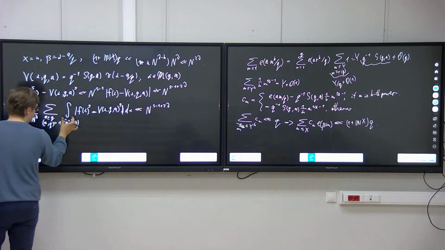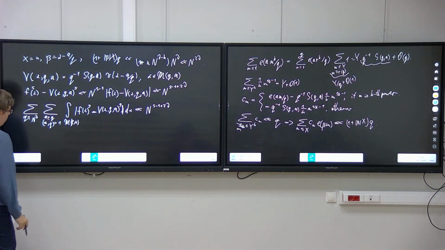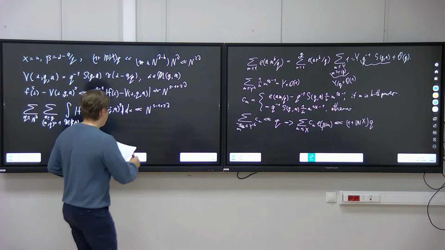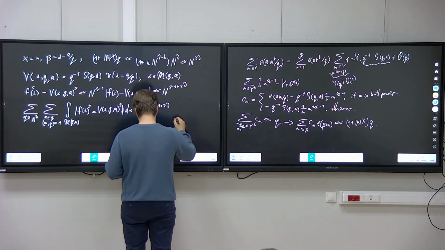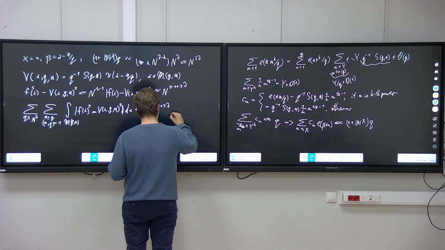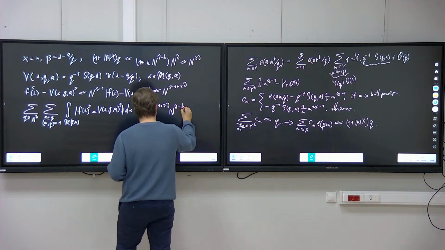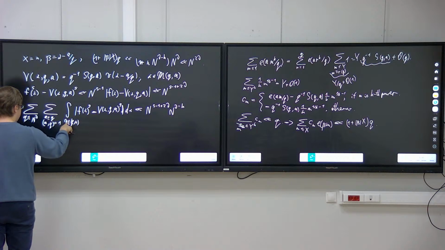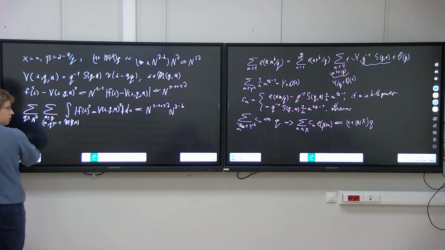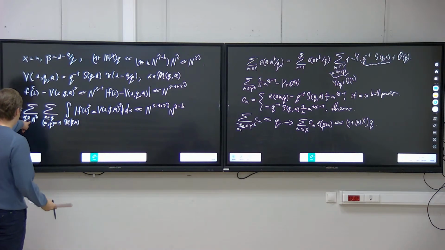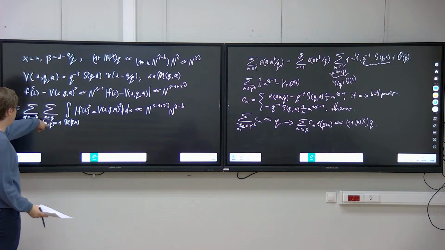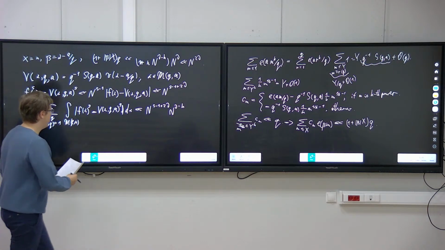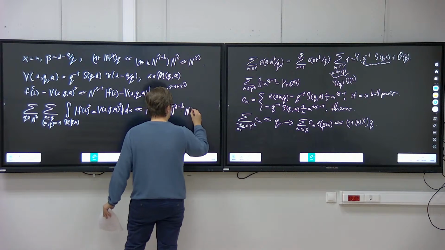How long is this arc? It's n to the power nu minus k, yes? This is the length of the sum. And how many sums do we have? The pairs q and a give us n to the power 2 nu.